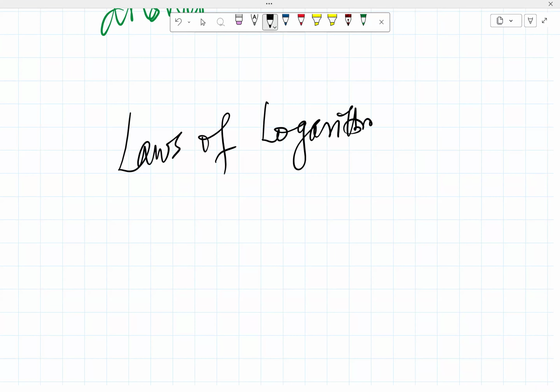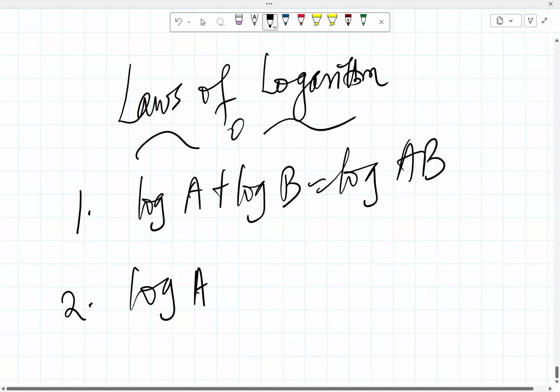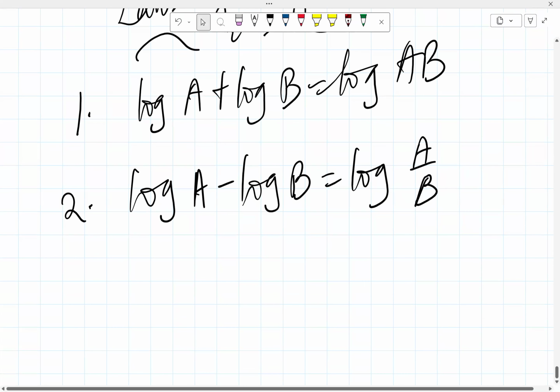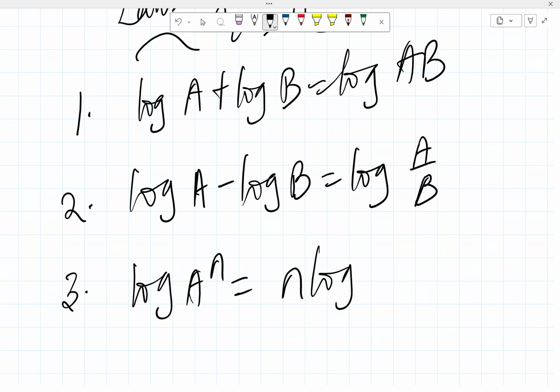Log A plus log B is equal to log AB, to the same base 10. Number two, the quotient law: log A minus log B is equal to log A over B, to the same base. Then number three, the power law, which says that log A raised to power n is the same thing as n log A.